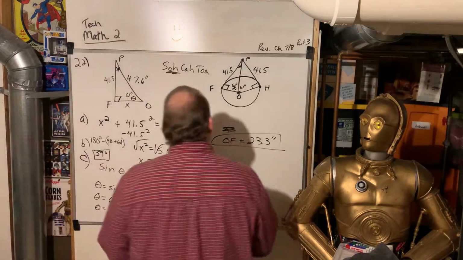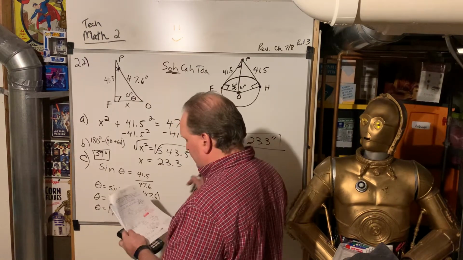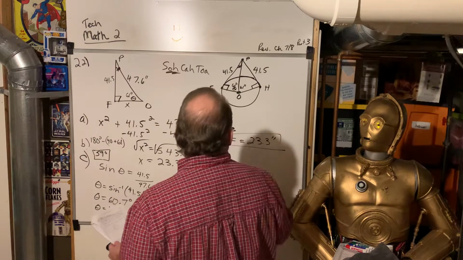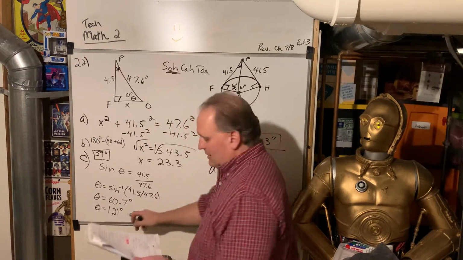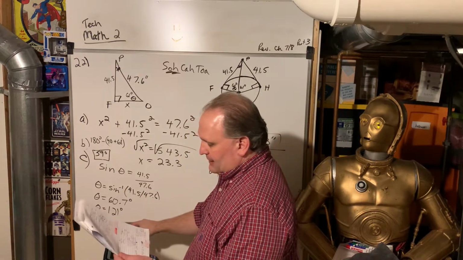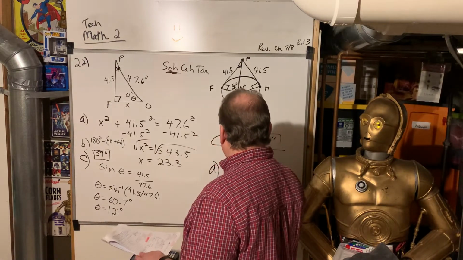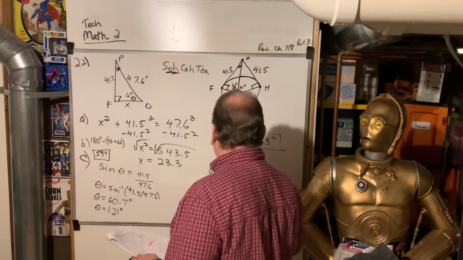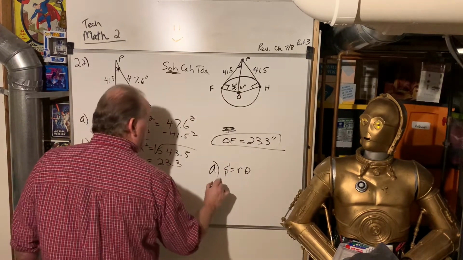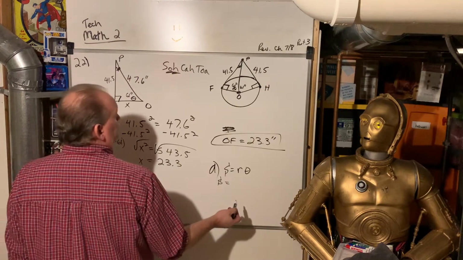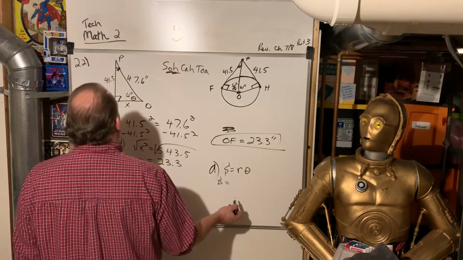All right. And then letter D, find the arc length FH. To find the arc length, we use the 121 degrees. Arc length is equal to radius times theta. So what is FO?